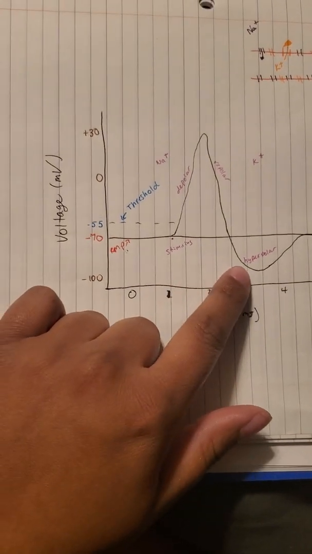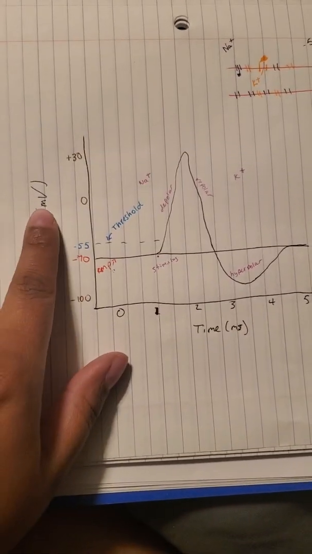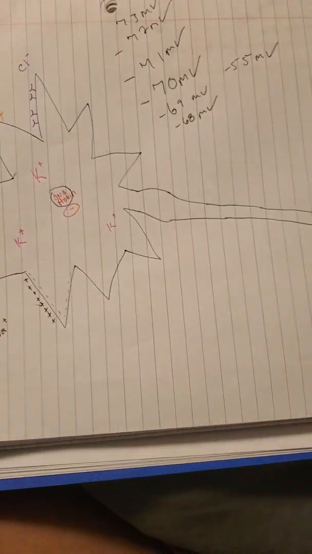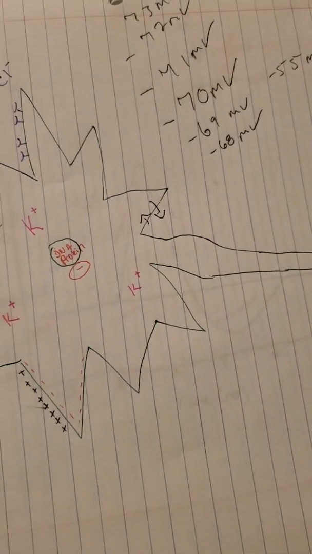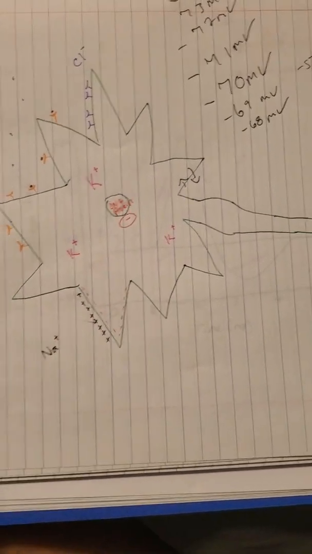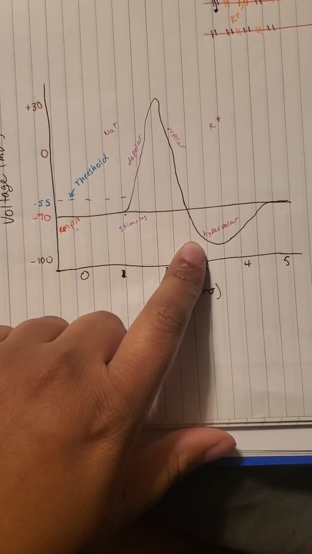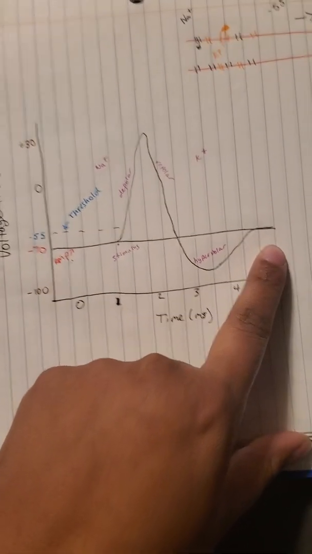So it'll get to maybe -80 or so voltage, and then that potassium sodium pump that I didn't draw on here, but there's always a potassium and sodium pump, changing the potassium and the sodium in and out, trying to keep things balanced so that it stays more negative inside and more positive outside. So once you get right here to the hyperpolarization, that sodium potassium pump is going to take care of that and bring things back to resting membrane potential.